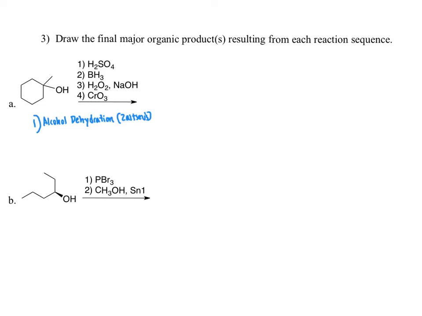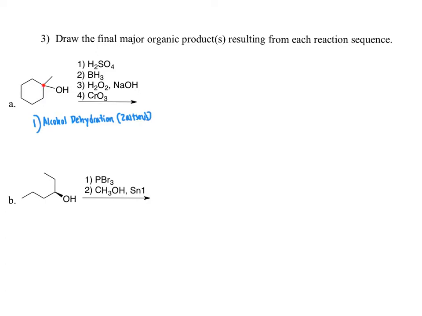And then after it leaves, the base, water, for example, is going to come in and carry out an elimination reaction by removing a beta proton here, here, or here, at those 3 positions that are beta to our carbon that's bonded to the leaving group.